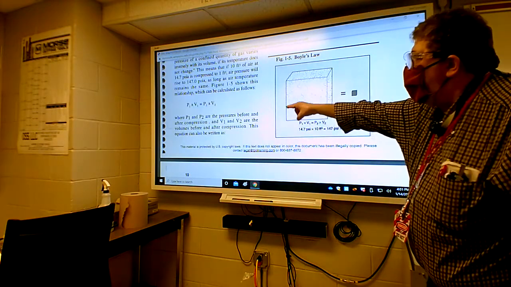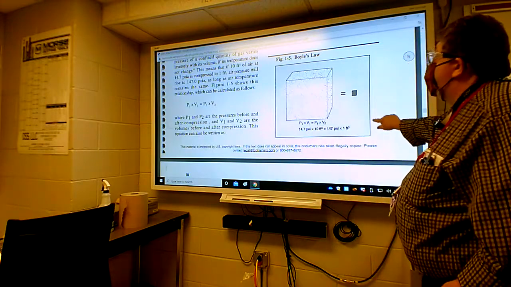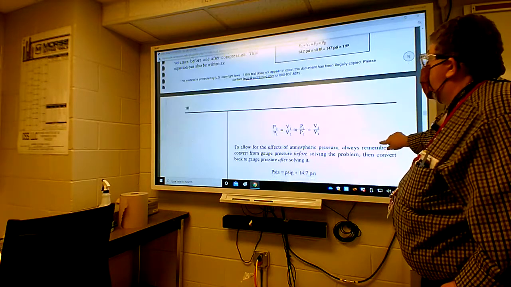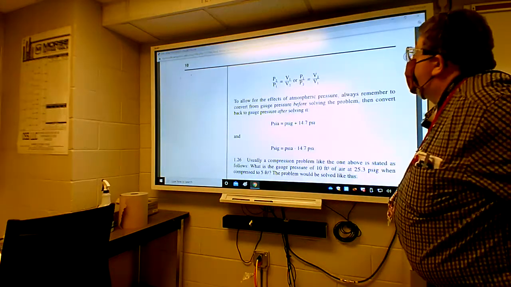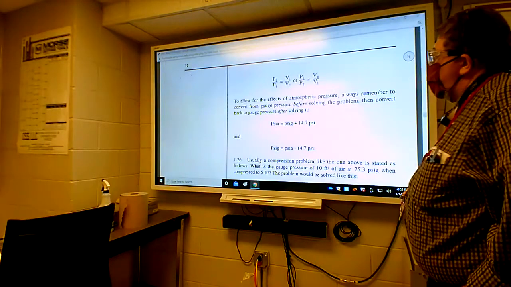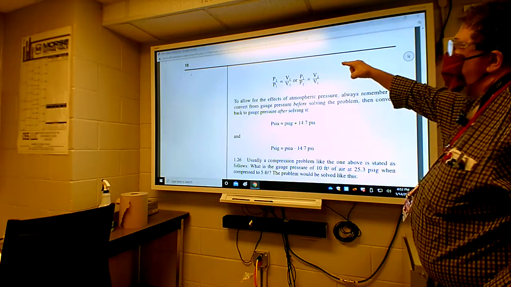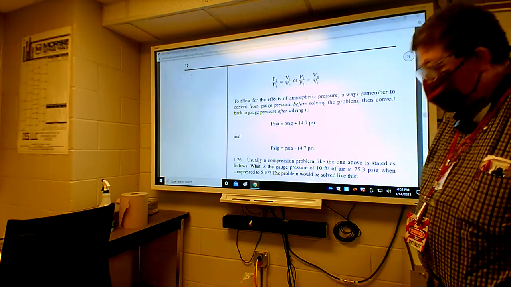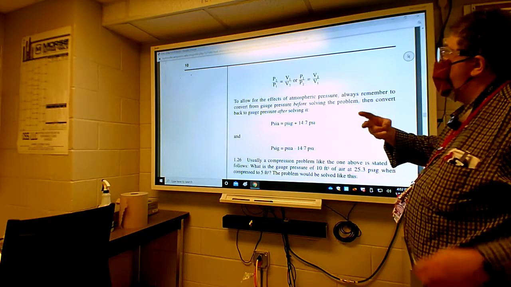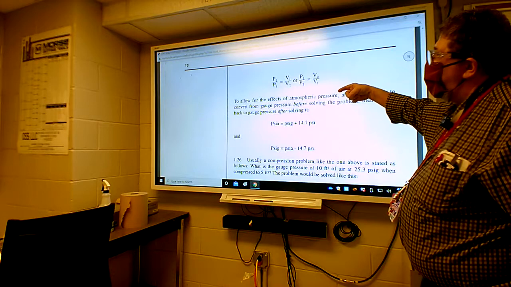The volumes before and after compression. We're talking about an air compressor here. You can also say that pressure 2 divided by pressure 1, whatever that ratio is, would be equal to volume 1 divided by volume 2.